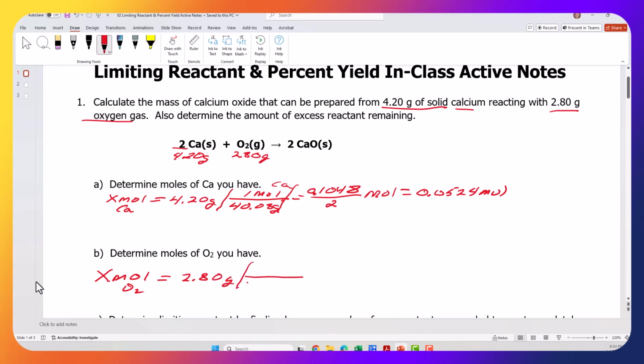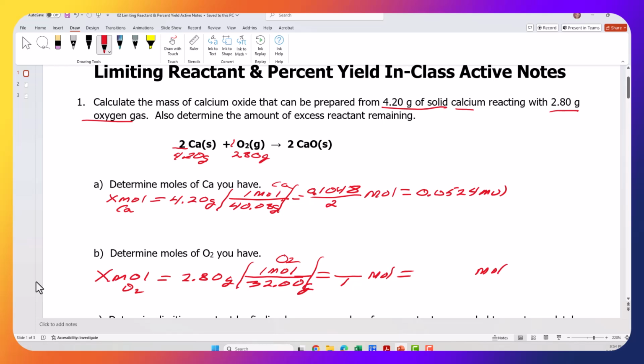We'll divide by the molar mass of diatomic oxygen, which is 2 times 16, which is 32 grams per mole of O2. That's going to give us a number in moles. We have to look up the coefficient from the balanced chemical equation. It's 1, so we're going to be dividing by 1.